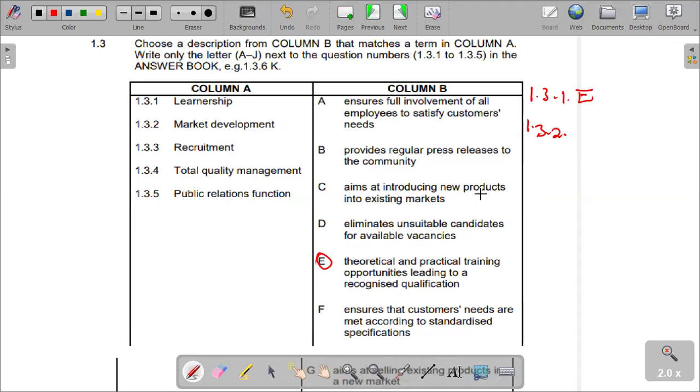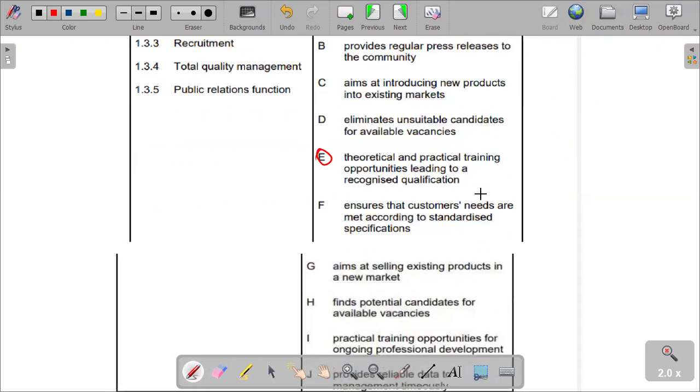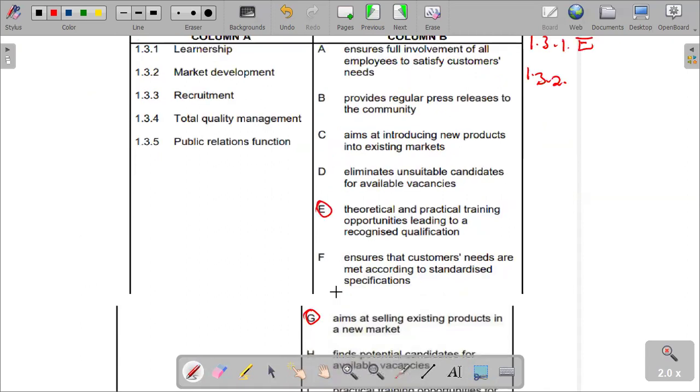In terms of market development, we are saying market development aims at selling existing products in a new market. 1.3.2. Market development aims at selling existing products in new market. That is 1.3.2. It is G.